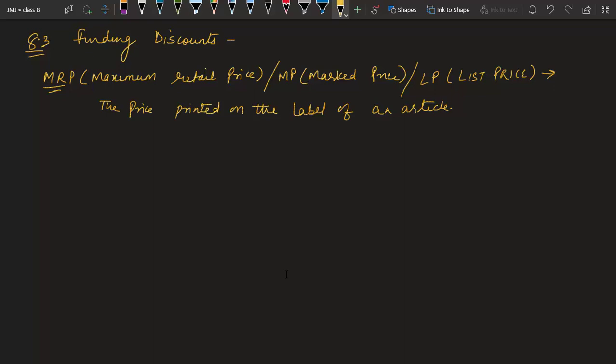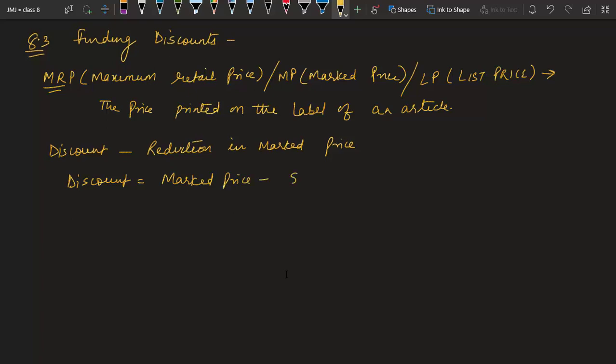Now let's see the concept of discount. Discount is the reduction in marked price. So we can say the formula of discount is equal to marked price minus selling price.